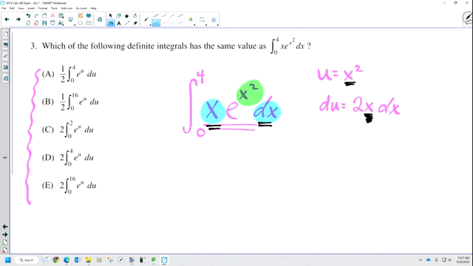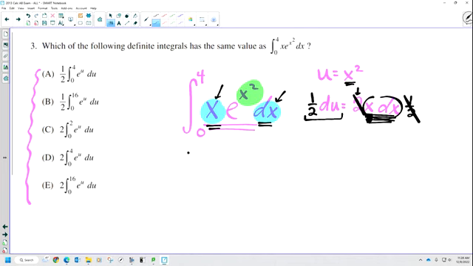The constant I don't care so much about because I can move that out of the way. But I want x dx alone because that's what I'm substituting out. So I'm going to multiply both sides by 1/2. This gets rid of this. And what I do to one side, I do to the other. So in for x dx is going to be 1/2 du.